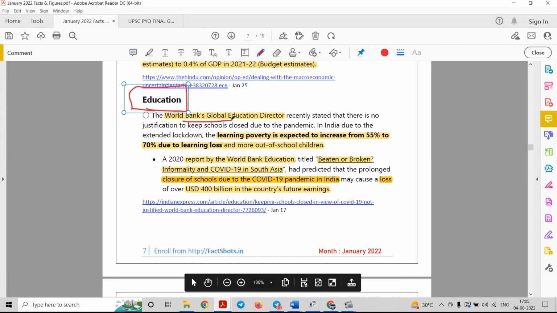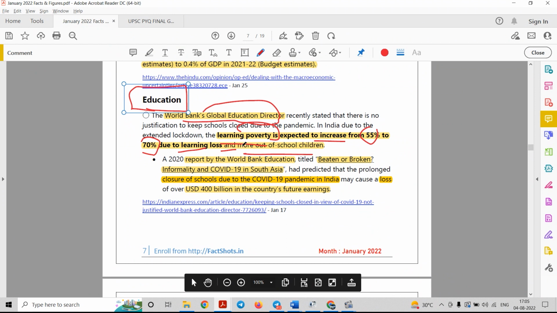According to the World Bank's Global Education Director, the learning poverty is expected to increase from 55% to 70% because of learning loss and more out-of-school children. We know that during the COVID period, schools were shut down, right, to prevent the spread of the infection, and many children were forced to attend online classes.